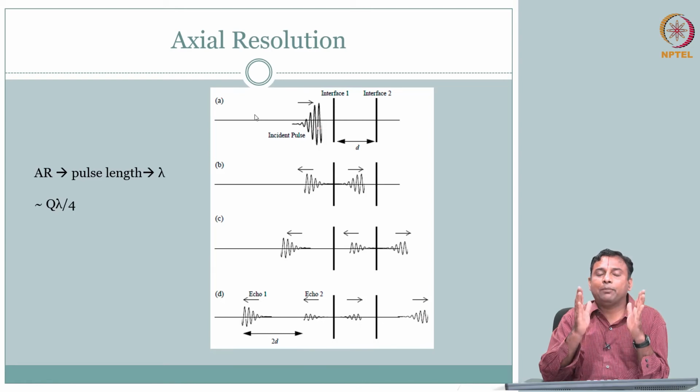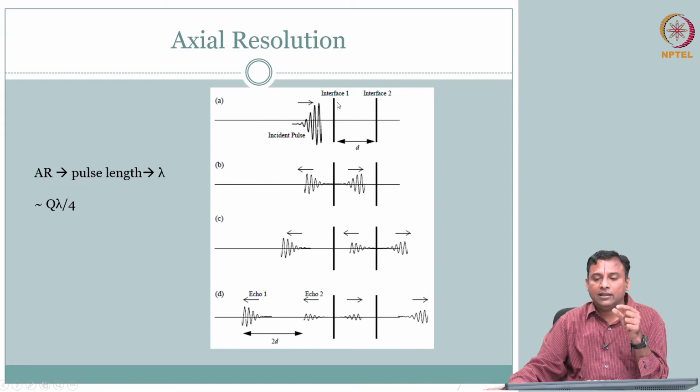Oh, spatially separated interfaces, right. So I have two interfaces. Can I separate, using this pulse, the two interfaces as being two different, separated by a distance, right? What is the minimum distance that you should have, so that from this pulse I can tease out that echo 1 is from interface 1, echo 2 is from interface 2, okay.